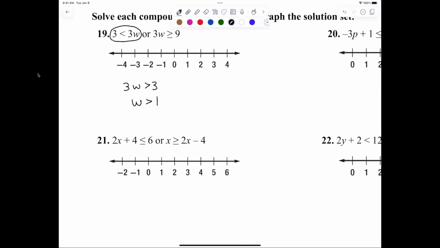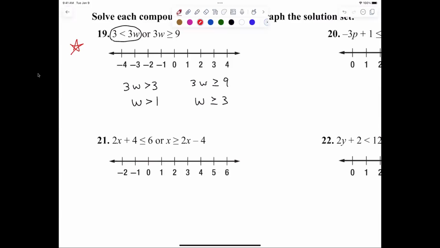Now I want to go ahead and solve the other one. When I divide by 3, what do I get? W is greater than or equal to 3. Okay, so now just put a star by this and need your special attention.